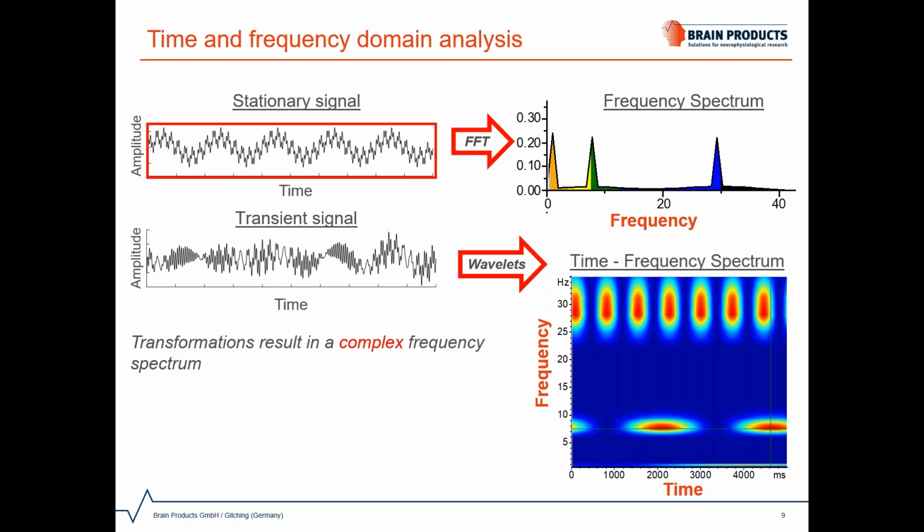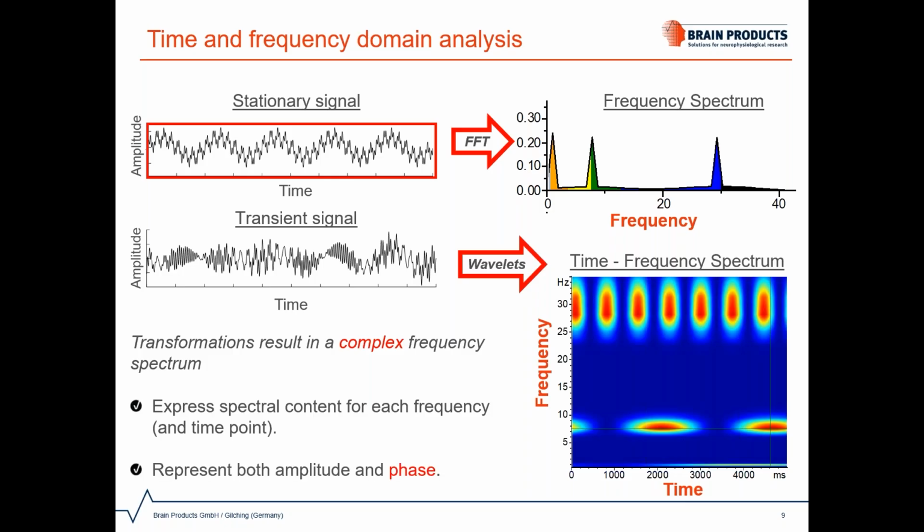Both of these transformations can result in complex coefficients or complex frequency spectra. For the FFT, these are called Fourier coefficients. For the wavelet transformation, these are called wavelet coefficients. They express the spectral content for each frequency, and in case of the wavelets, also for each time point.